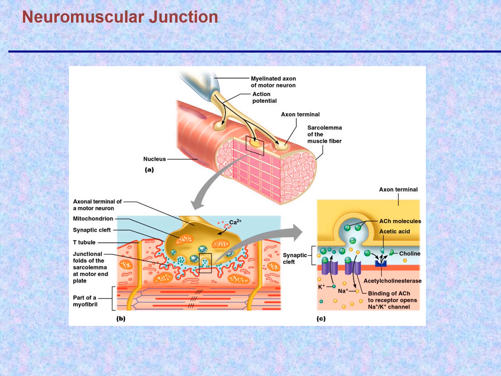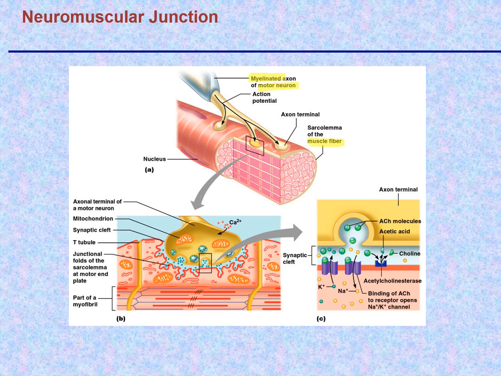And this diagram shows that kind of structure, where you have here at the top the myelin-coated axon of a motor neuron coming down and then innervating this skeletal muscle fiber.